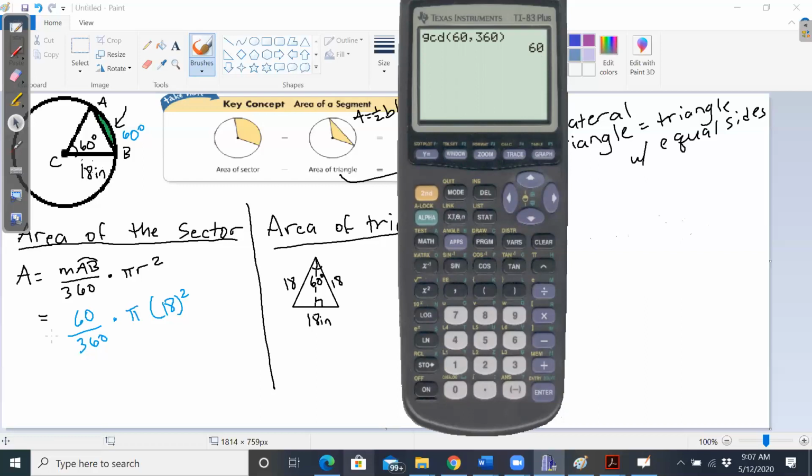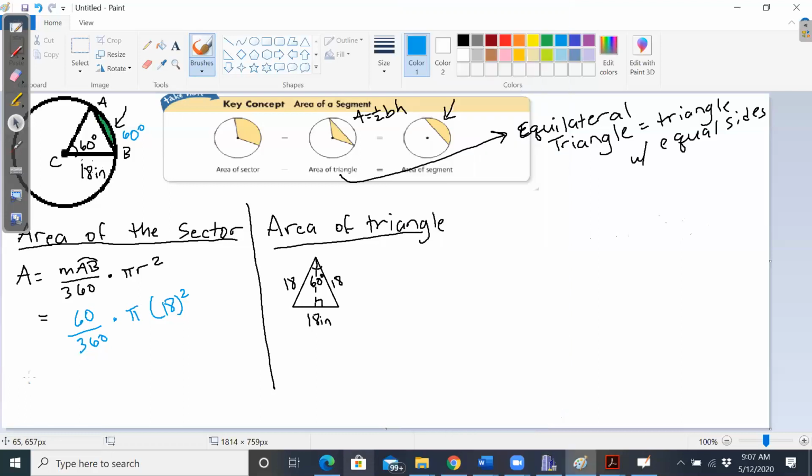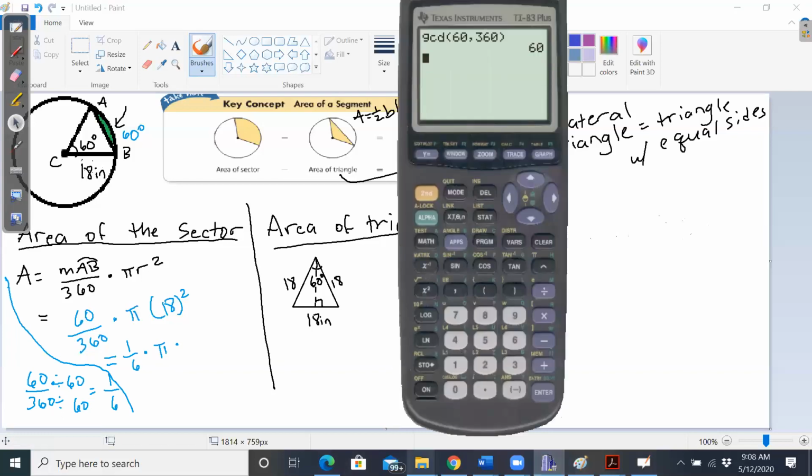So if I simplify the fraction 60 over 360, I'm going to divide both by 60, and I'm going to wind up with 1 over 6. So this would be 1/6 times pi times 18 squared. 18 to the second power will be 324.